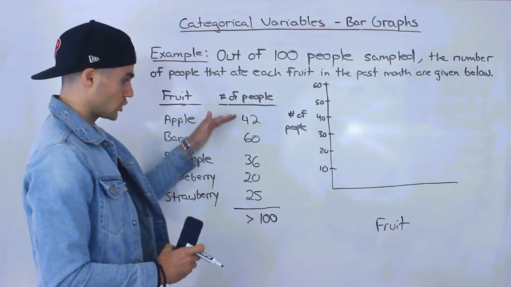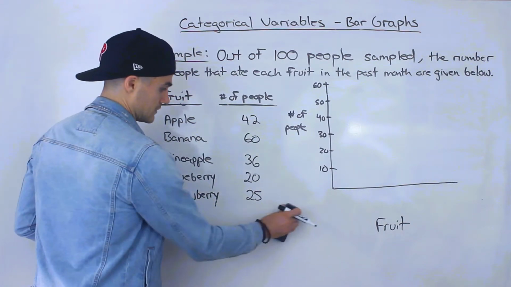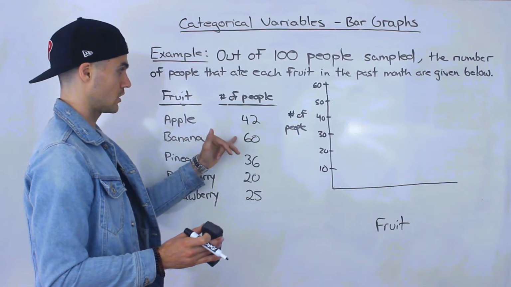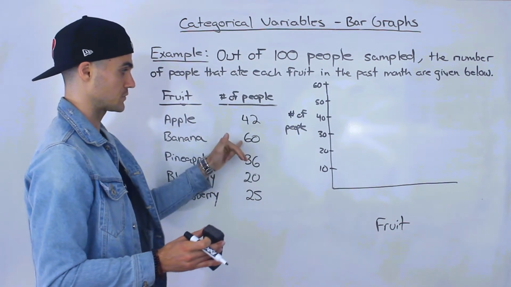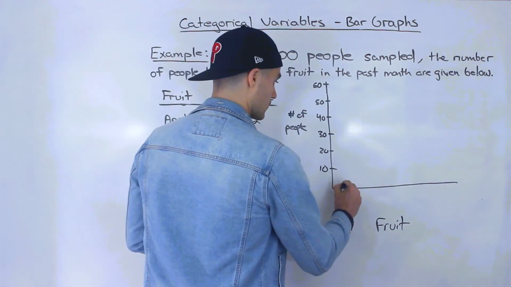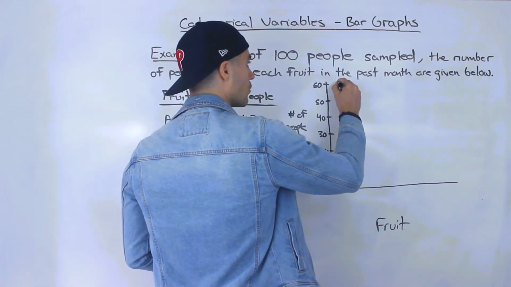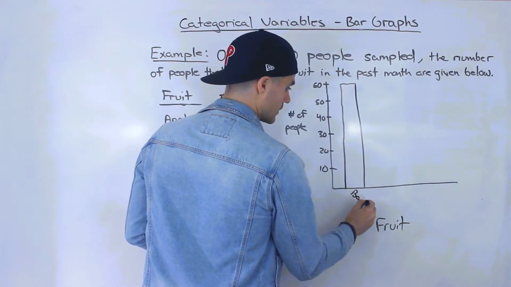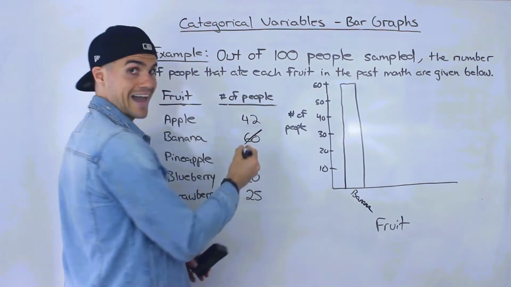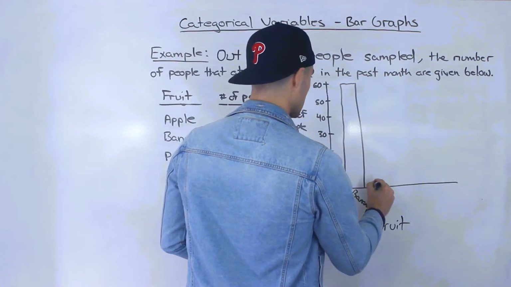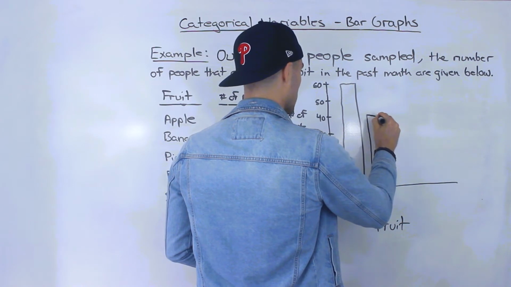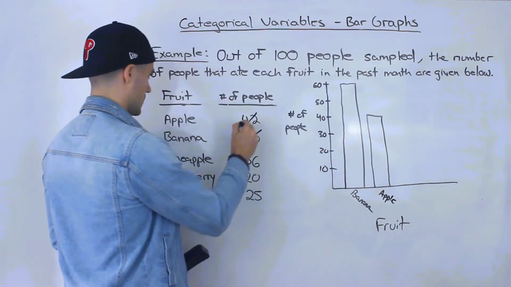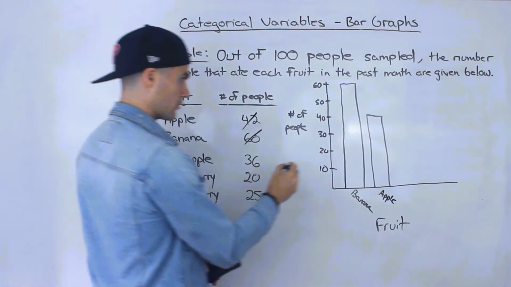In this case, you can go in the order that's given if you want. What I'm going to do is go from largest to smallest. The largest is banana, that's the highest frequency, the number of people. So we would create a bar all the way up to 60. This would be for a banana. Next one would be an apple at 42, which would be about there. And then a pineapple, 36.